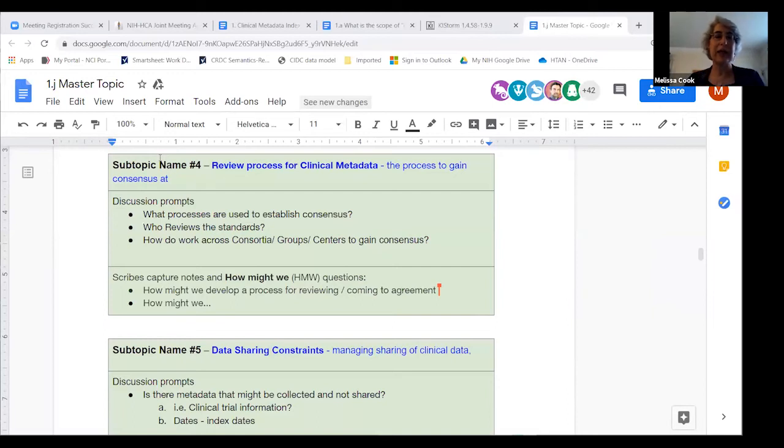The idea is that we need to have a common process for coming to consensus on what the metadata are, or what the data elements are that we want to standardize around, and how to bring everyone together to be able to get enough input to make sure that these will be robust standards.